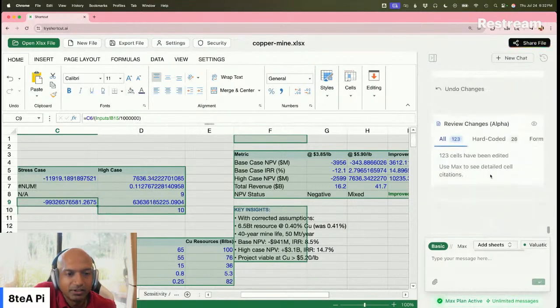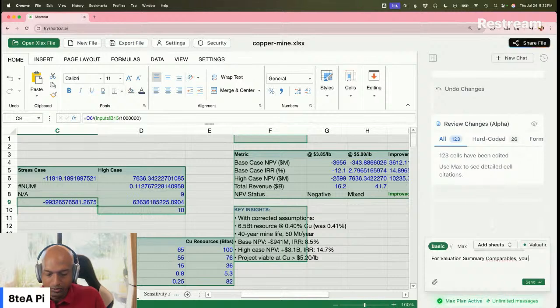Payback period, sensitivity analysis. All right. For valuation summary, comparables.